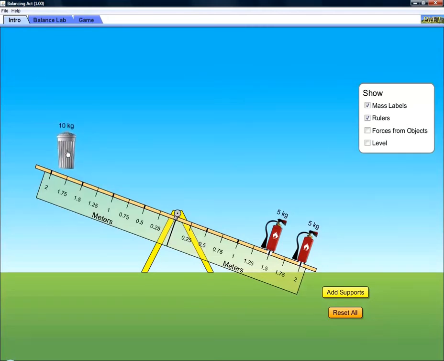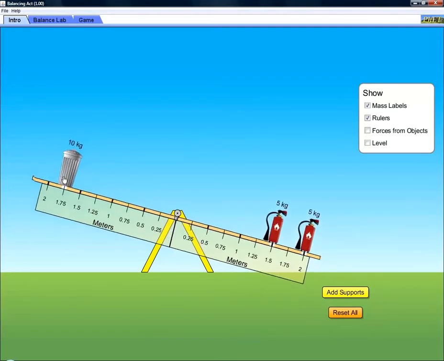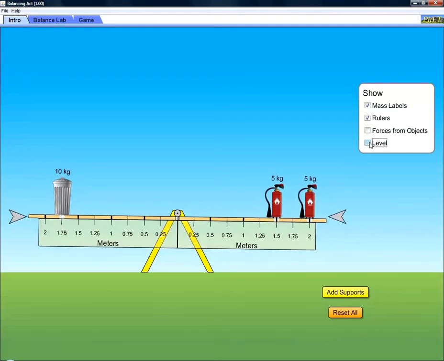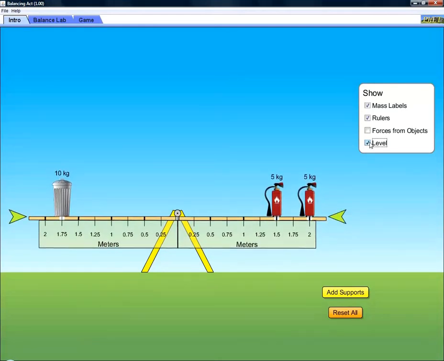So if I move the force to here, I get, wait for the level, ching. Let's just check that mathematically. How many newtons? That's right, 100, yes, well done.